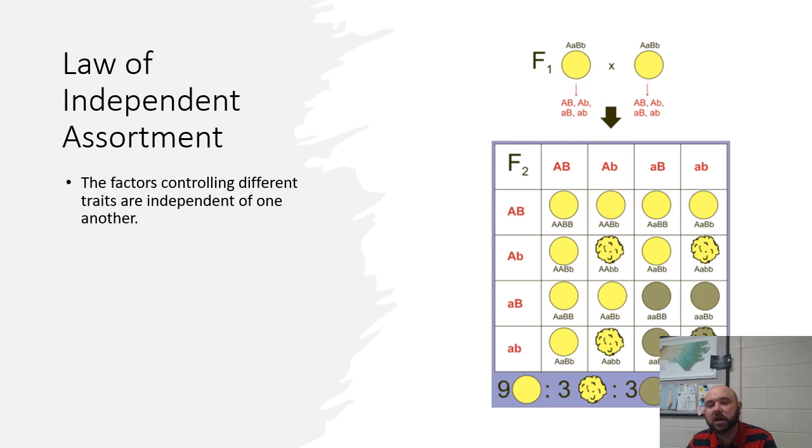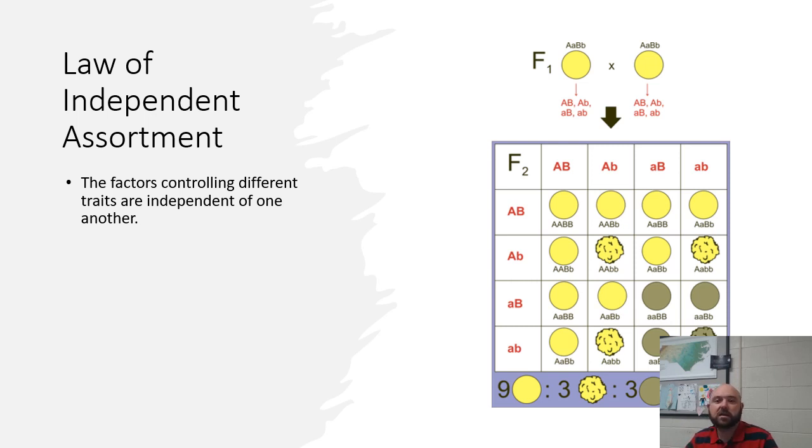He did lots and lots of experiments that mimicked this experiment, and every time he got this ratio of seeds out of the second generation: 9 seeds that were round and yellow, 3 seeds that were wrinkly and yellow, 3 seeds that were round and green, and 1 seed that was wrinkly and green. So he always saw the offspring of that second generation with these ratios.